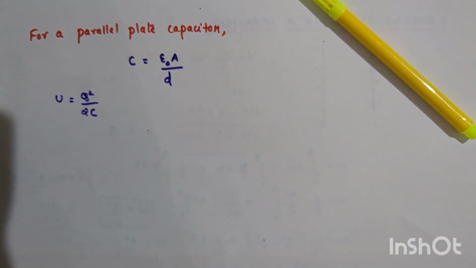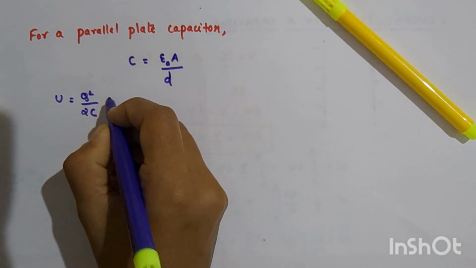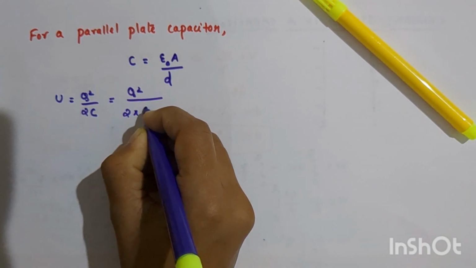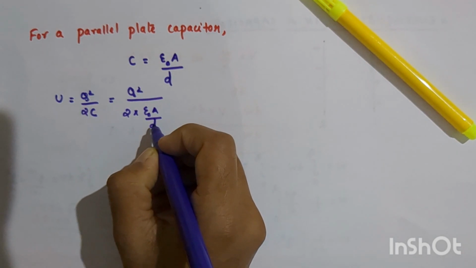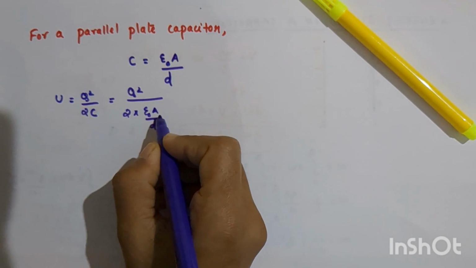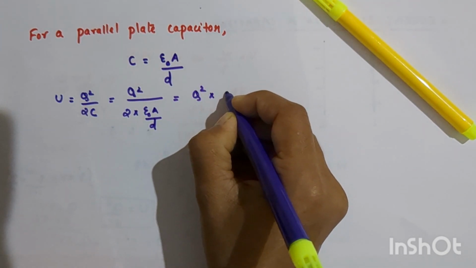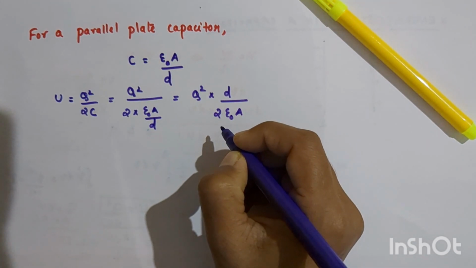Now I am going to substitute this C as epsilon 0 A by D, so that this becomes Q square divided by 2 into epsilon 0 A by D. Multiplication with reciprocal will give you Q square into D divided by 2 epsilon 0 A.